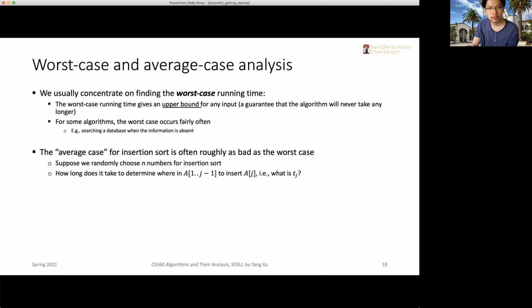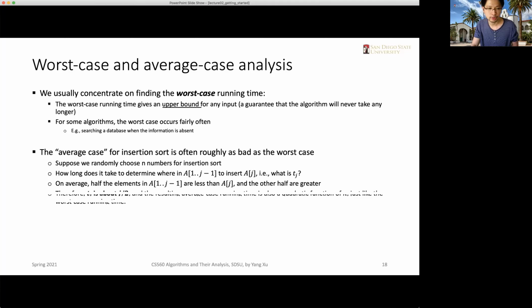So for a random sequence of numbers, we can assume that on average, half the elements before Aj are smaller than Aj, while the other half are greater, right? Because that is how we usually perceive randomness in data. Only if it is a very random number, then we are likely to have half the numbers greater than Aj, and the other half smaller. I think this assumption makes sense.